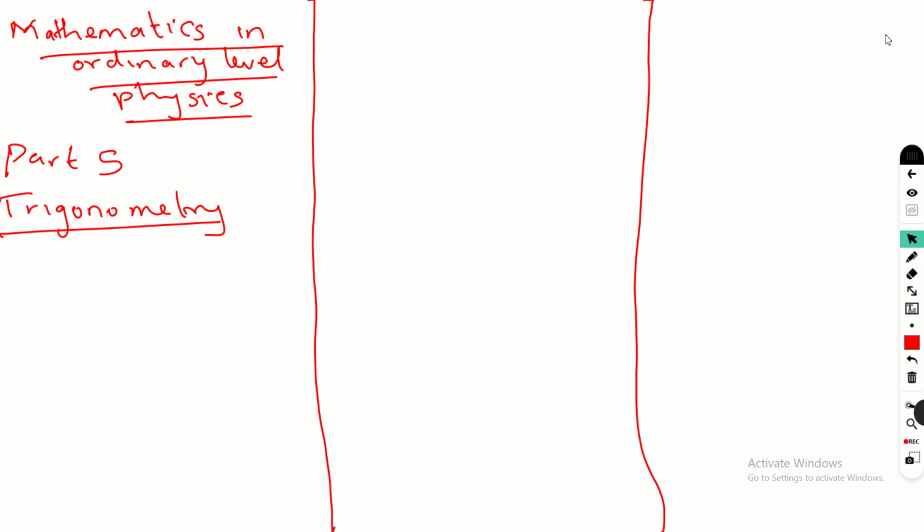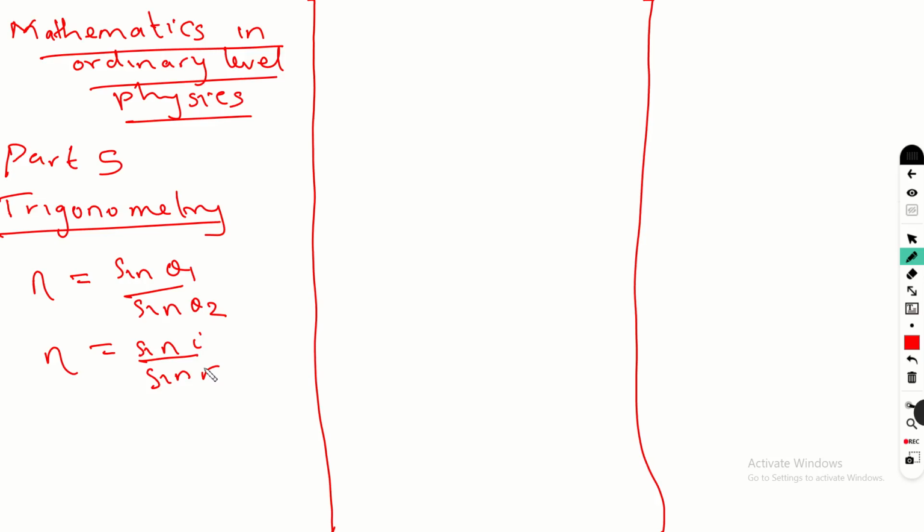I know some of you have come across optics and you've seen things like the refractive index is sine theta 1 over sine theta 2, or sine i divided by sine r, where i is the angle of incidence and r is the angle of refraction.